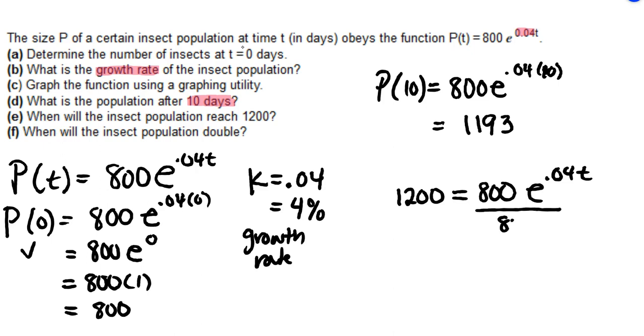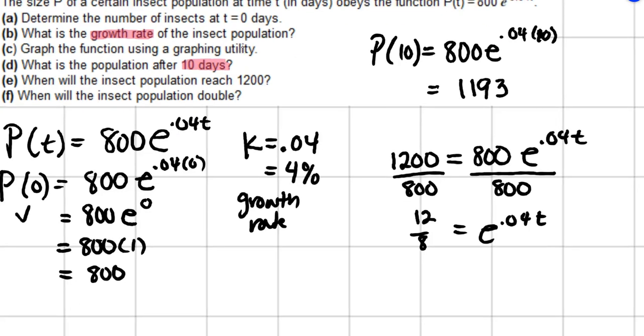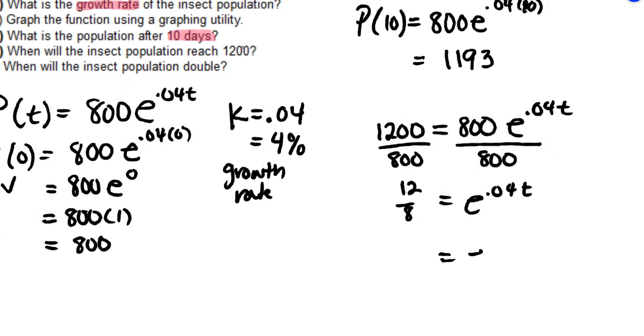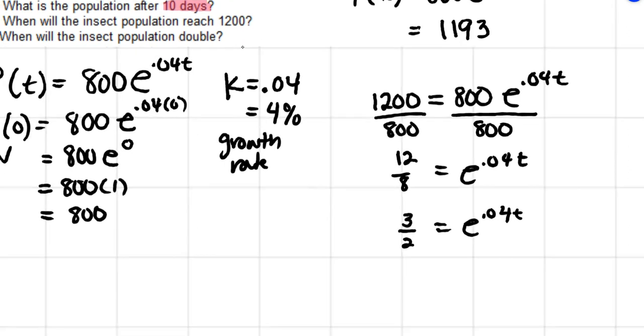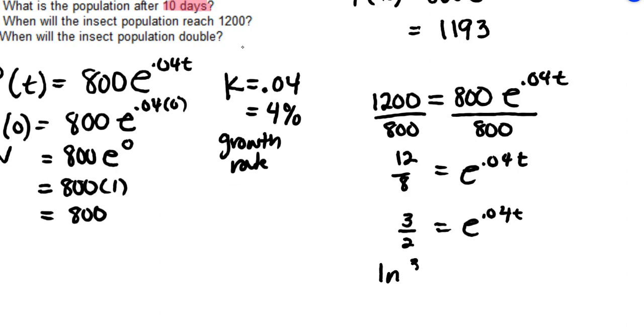So I would divide both sides by 800. The 800s cancel on the right. On the left, this reduces to 12 over 8. Can reduce a little bit more. So 4 goes into 12 3 times, 4 goes into 8 2 times. I can then take the natural log of both sides.